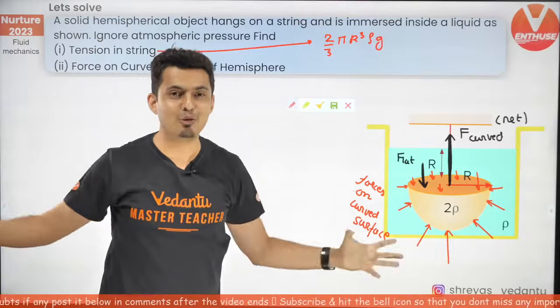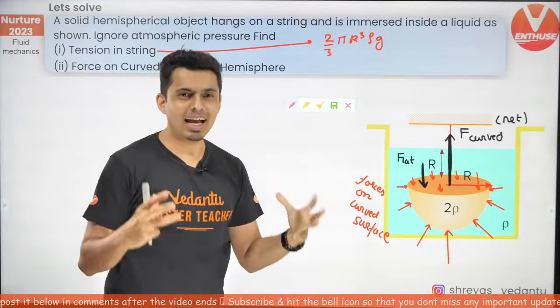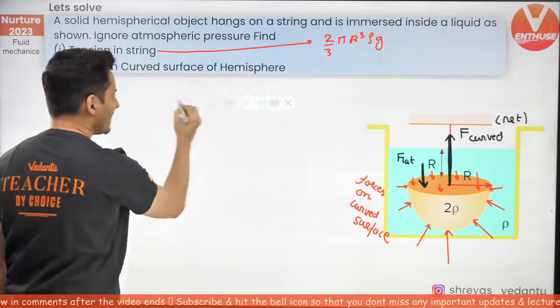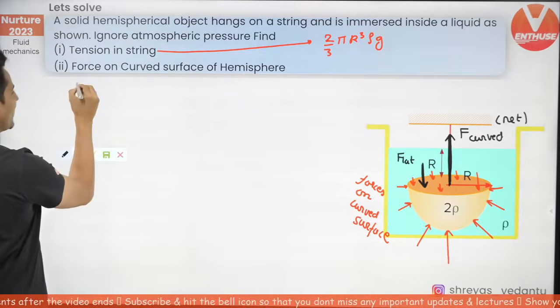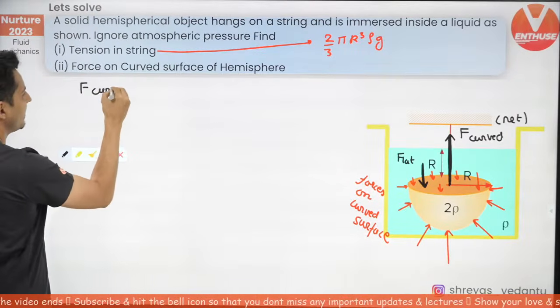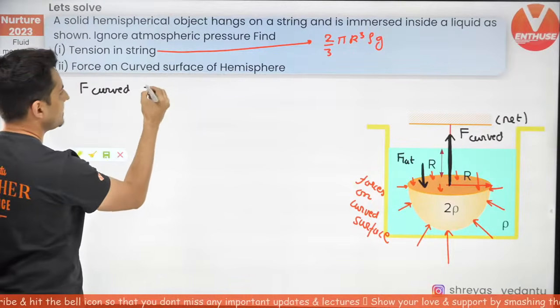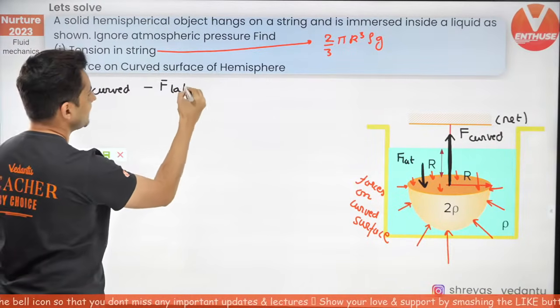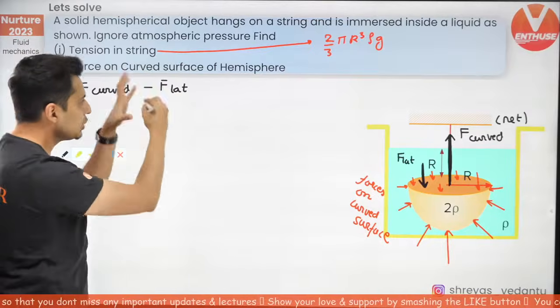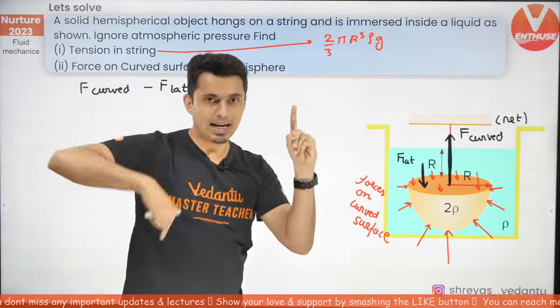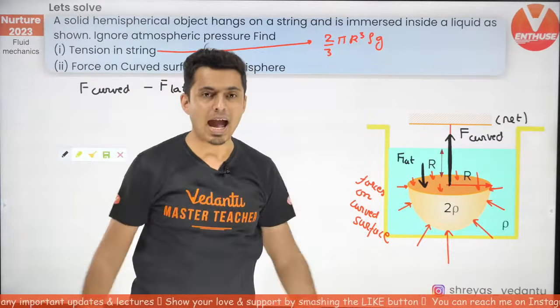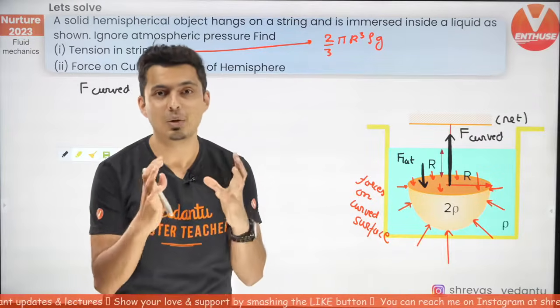This is the net force due to the pressure acting on the solid. The force on the curved surface is acting up, and the flat surface force is acting down. If I add all these forces, what is the resultant going to be?